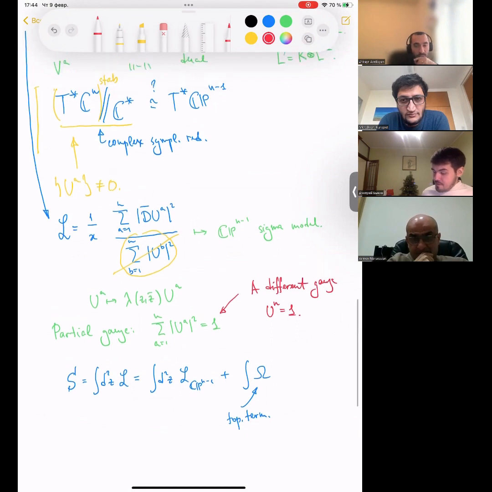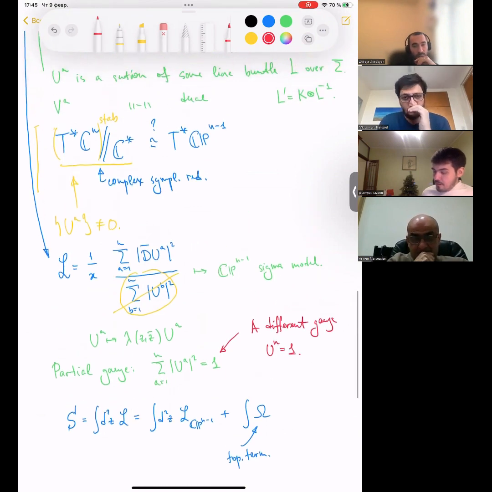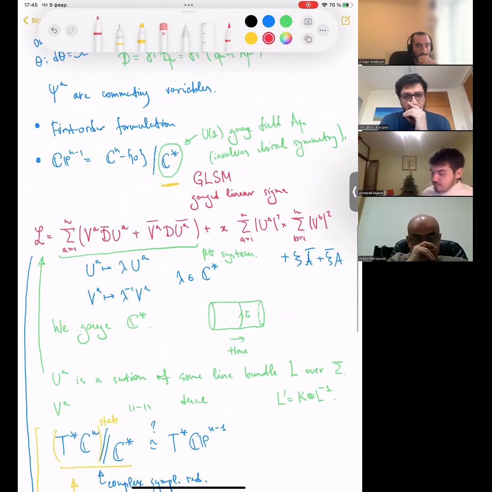You could also pass to inhomogeneous coordinates at the level of the Lagrangian. So if you want to look at the symplectic form, you can look at the Lagrangian. And variation with respect to the gauge field gives you a constraint, right? The moment map constraint.